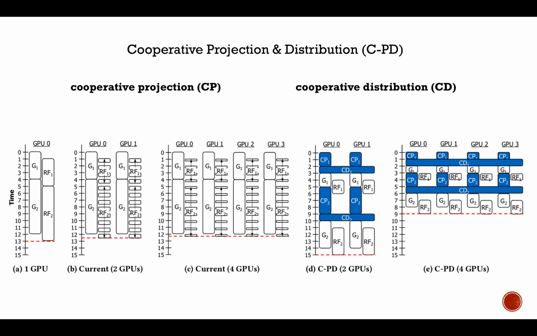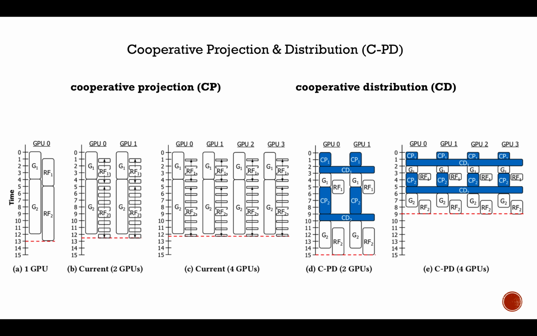So after the background, I will introduce the main part of this project. First, I will introduce the Cooperative Projection and Distribution pipeline, or CPD pipeline. This pipeline is used for fast and scalable split-frame rendering before the geometry processing stage of the original graphics pipeline.